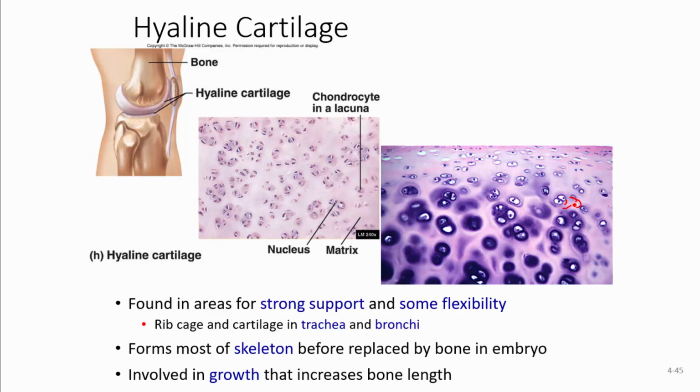Here, we'll give them a nice big smile. Okay. See how these look like eyes? And we've got them all over. So if you see a tissue that looks like it has eyeballs, then it's most likely going to be hyaline or some type of cartilage. We call these nest cells.